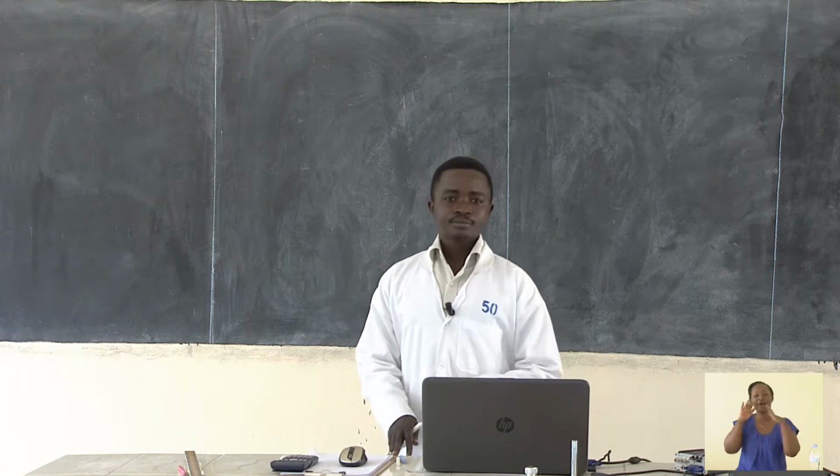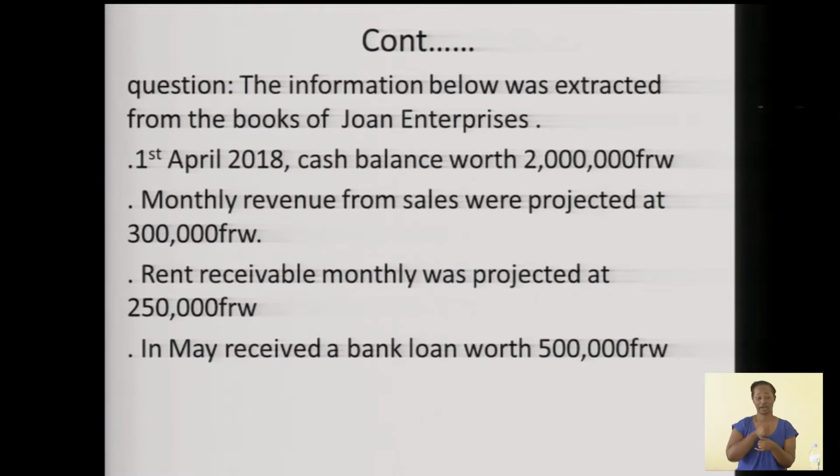So I have a question which I want us to go through together, and we see what they want us to do. The question goes: the information was extracted from the books of John Enterprises. We have 1st April 2018, cash balance worth 2 million. Then we have monthly revenue from sales projected at 300,000.